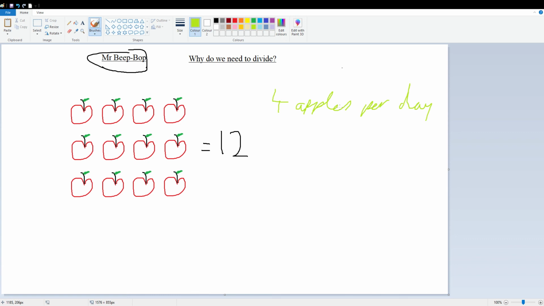And if you're selling 4 apples per day, then this also links into division. And that's what a question would ask you to do. If it was asking, right, how many days will it take before I run out of my apples? Before I've sold all 12 apples, how many days will it take of me selling the apples for me to have sold all of them?